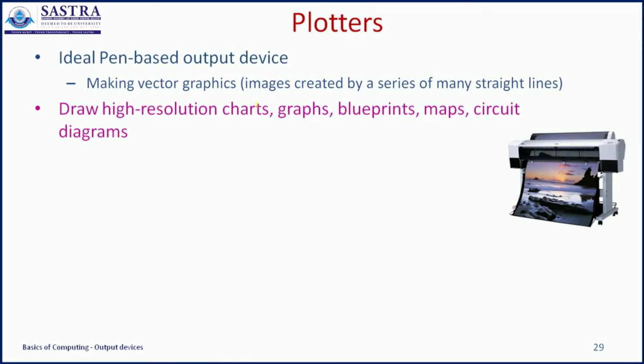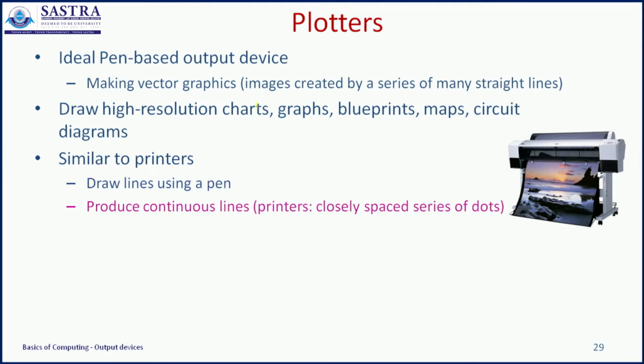Plotters are used to draw high-resolution charts, graphs, blueprints, maps or circuit diagrams. They are similar to printers, but they draw lines using a pen and produce continuous lines, whereas in printers we have closely spaced series of dots rather than lines.